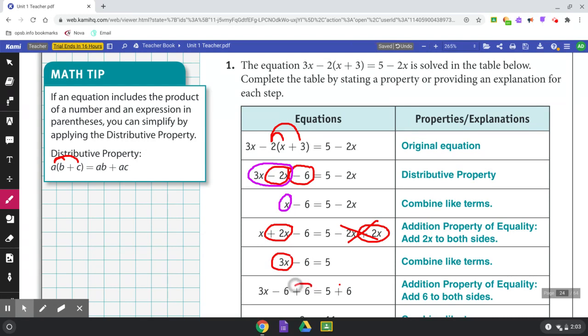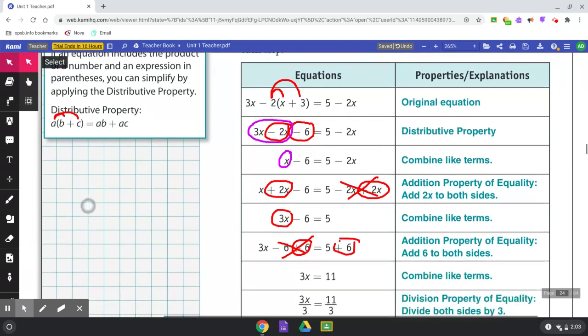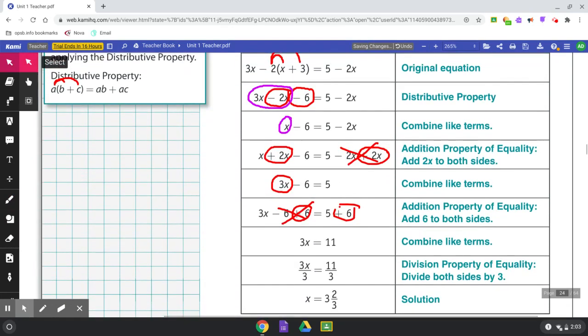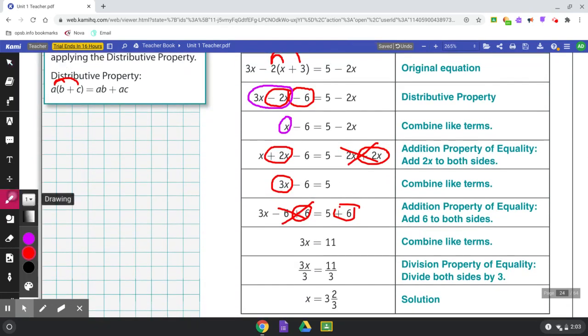Now you need to add 6 to both sides. When you add 6 to both sides, -6 plus 6 eliminates. Let me scroll down here for a second. That leaves you, you bring down your 3x equals 5 plus 6 is 11.